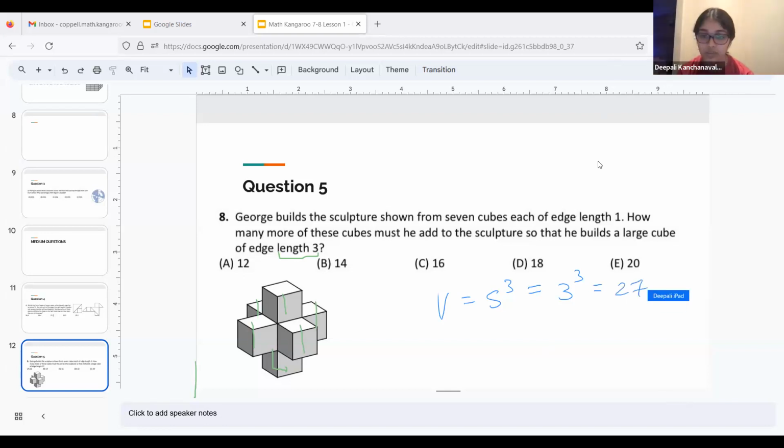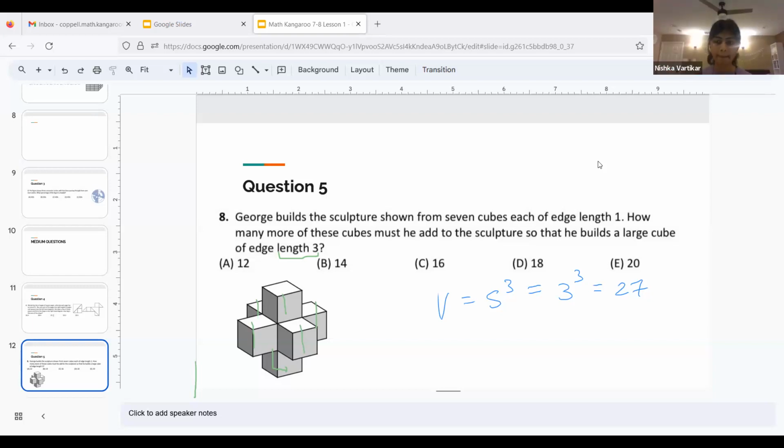But 27 means that that is the total amount of cubes that we want, right? Yeah. And we know each small cube has a volume of 1. And we know that we have 7 cubes already.